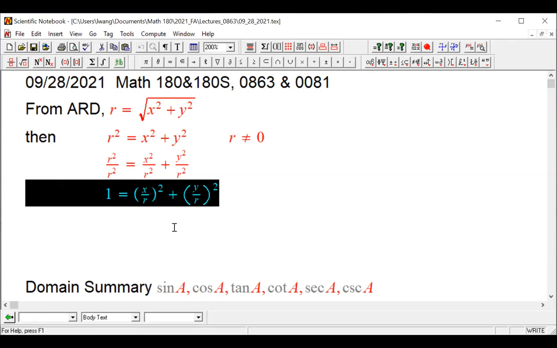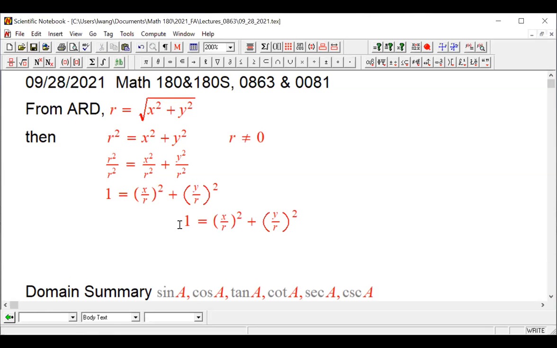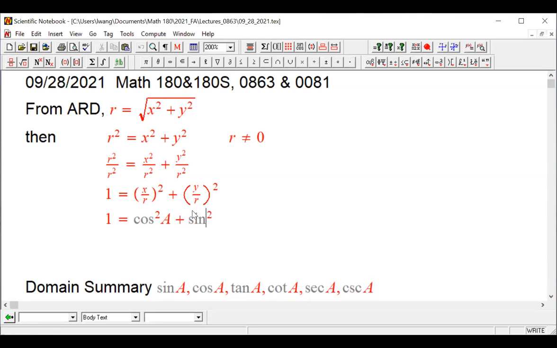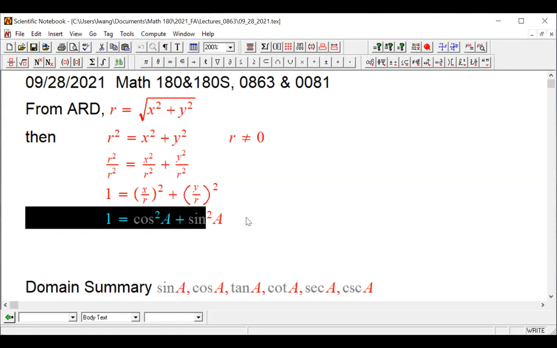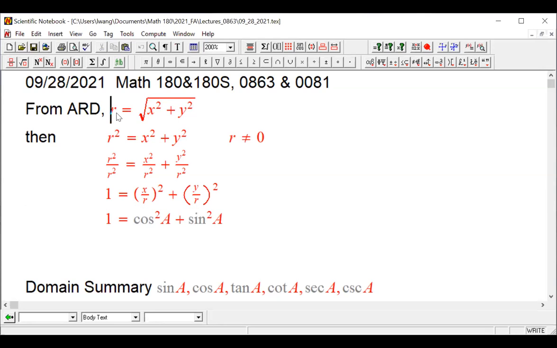What's in the definition about x over R, and y over R? x over R is cosine of any angle. And this one is sine of any angle. So this is a famous identity, which is also derived from the definition.